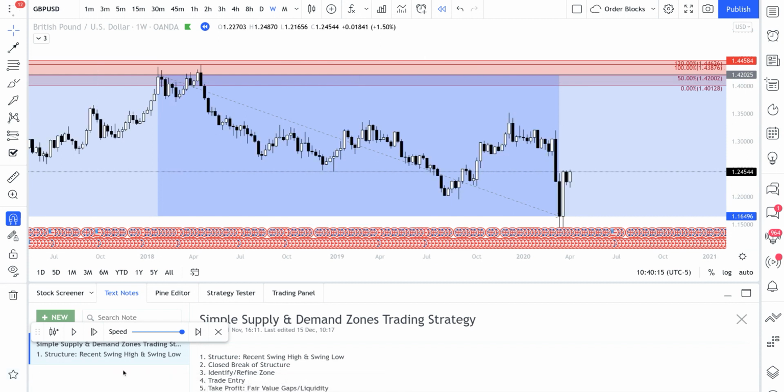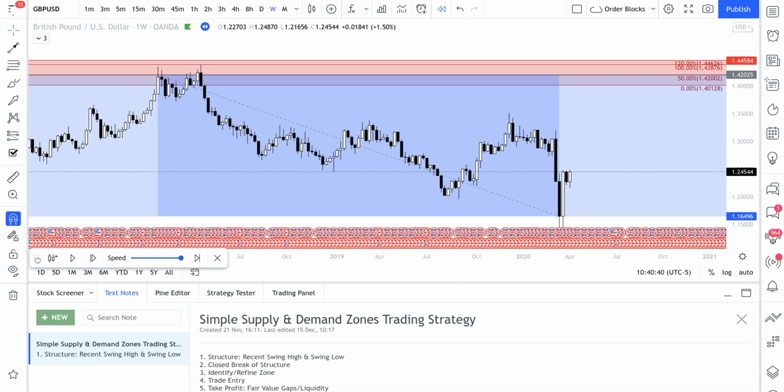And again, ICT gave us some areas of interest in the market for us to take a look at, to possibly take trades off of, in the form of order blocks.